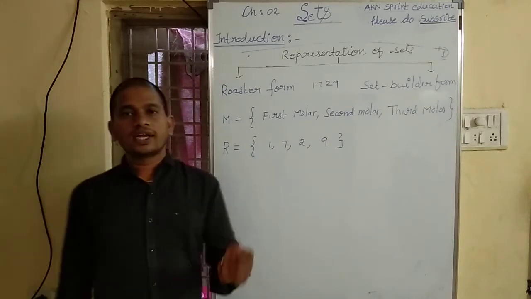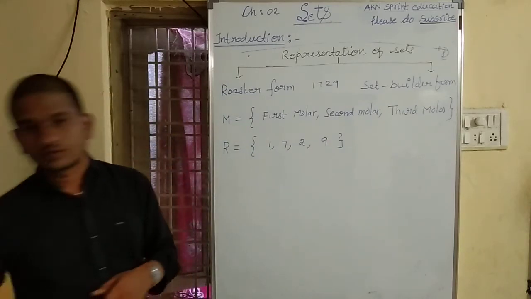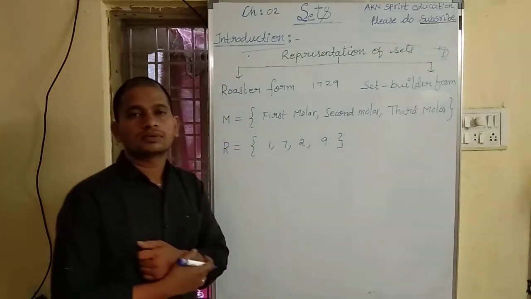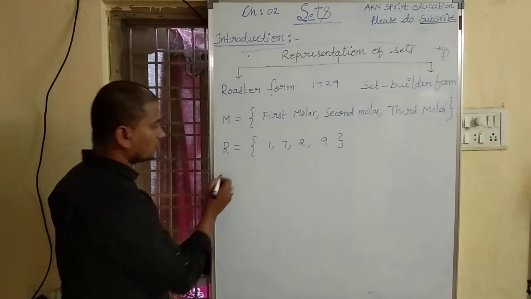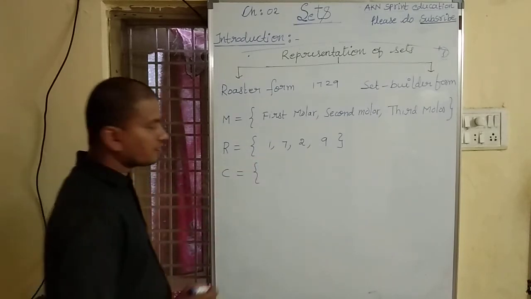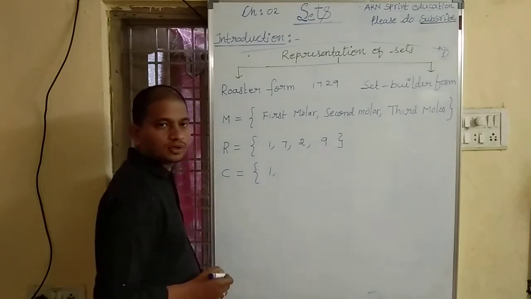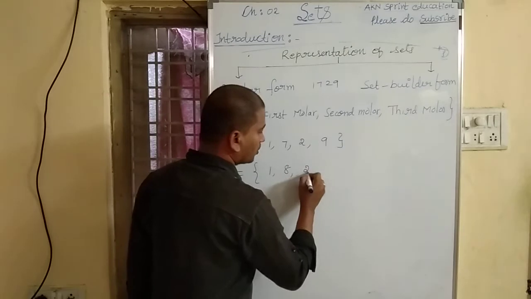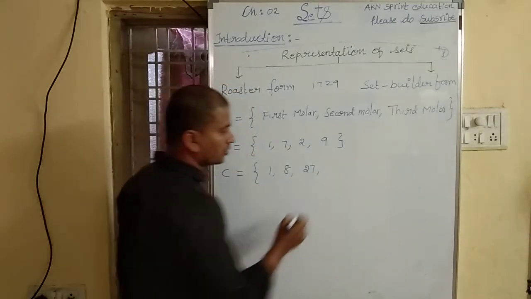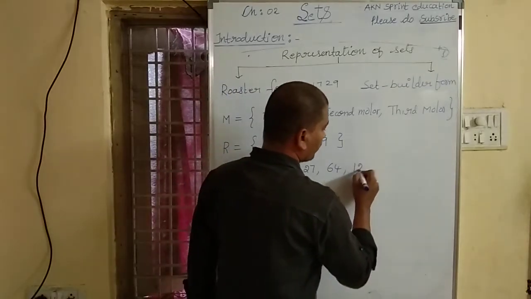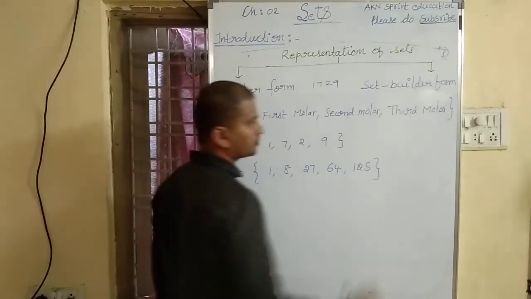And set of first 5 cube numbers. That is 1, 8, 27, 64, 125.